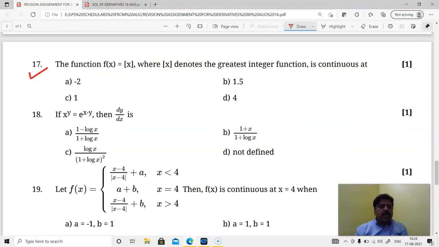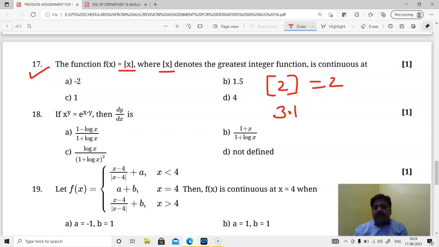Again, in this 17th question, we have a special function known as the greatest integer function. In the greatest integer function, if I put an integer value 2, I'll get 2, right? And if I put 3.1, because its name is greatest integer, I'll get an output that is an integer, but this integer has to be less than or equal to 3.1.